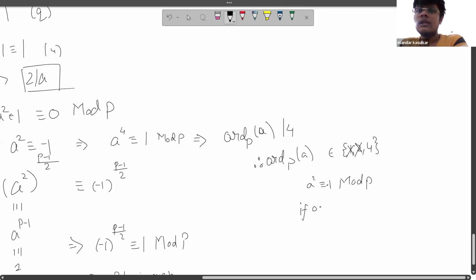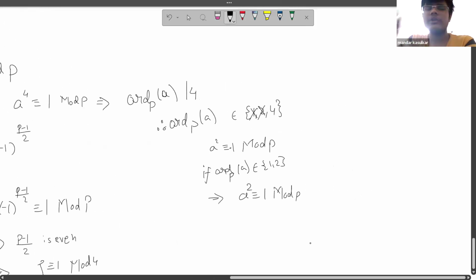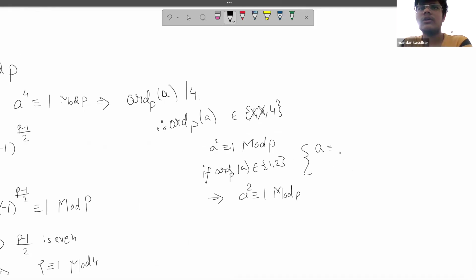If the order was 1 or 2, this would imply that a squared is congruent to 1 mod p. Do people see that? Okay, I suppose it's clear. I will still write it.